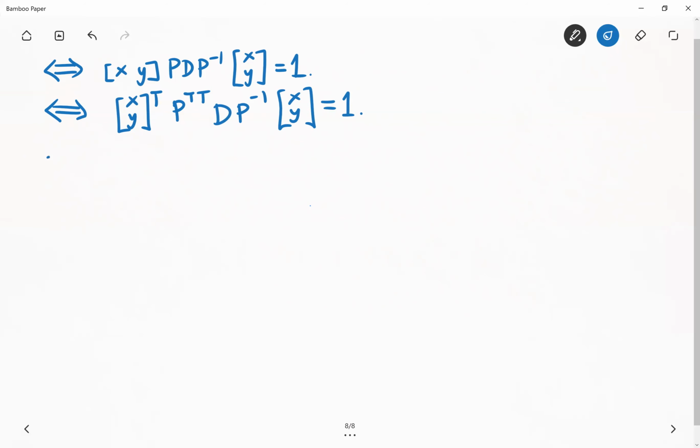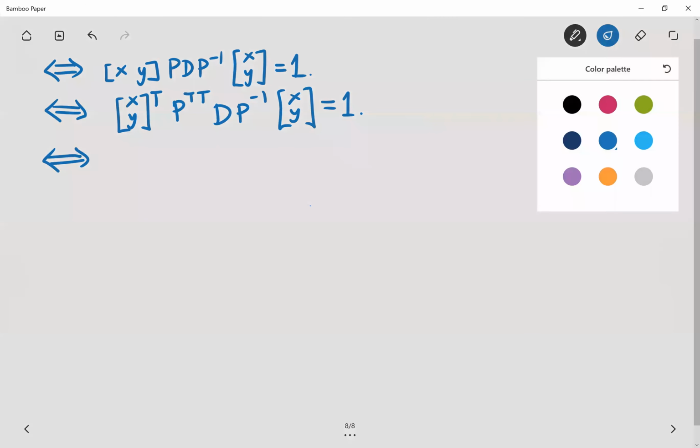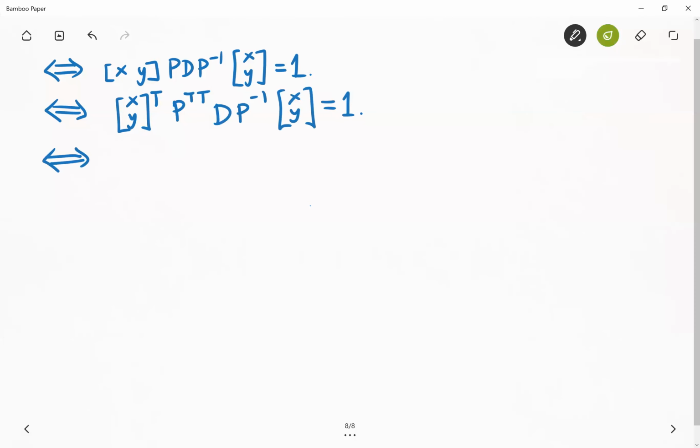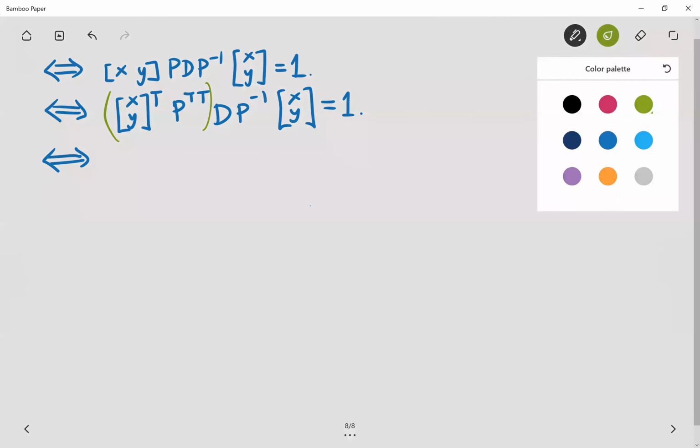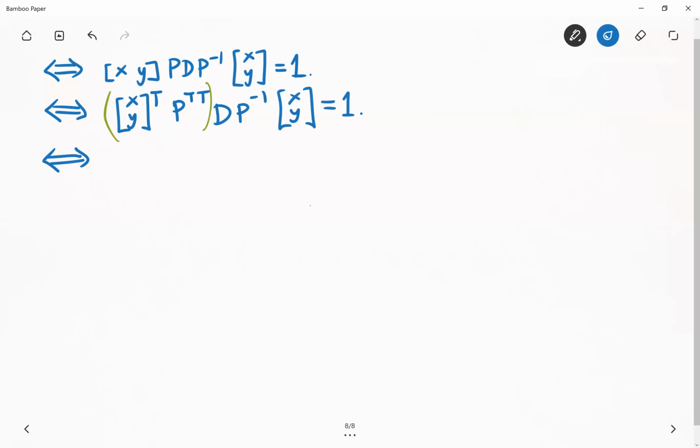Next, I'm going to use another fact about transposes. All right, what I'd like to do now, and I want to draw your attention to this part of the previous line, I'd like to kind of factor out a transpose, to be informal. I'd like to pull out one transpose from each of those terms. And a transpose of a product is the product of the transposes, but in the reverse order. Right?